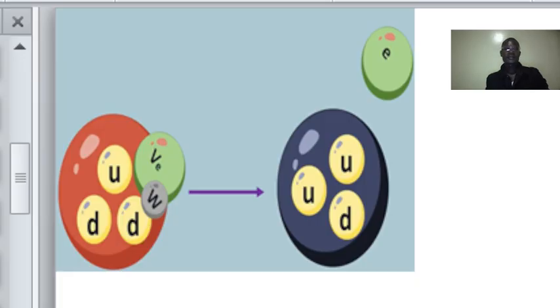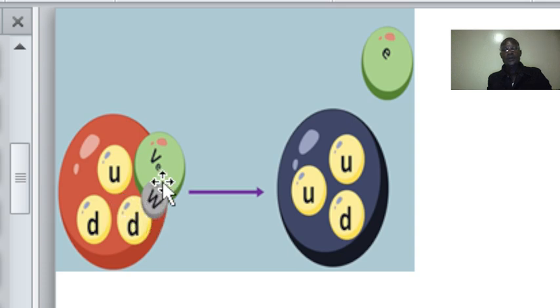If we take a look at our diagram, we are able to see the upward quark and the downward quark. We have one upward quark and two downward quarks, and those who have attended my previous lectures are able to identify this as the neutron, because neutrons have two downward quarks and one upward quark.